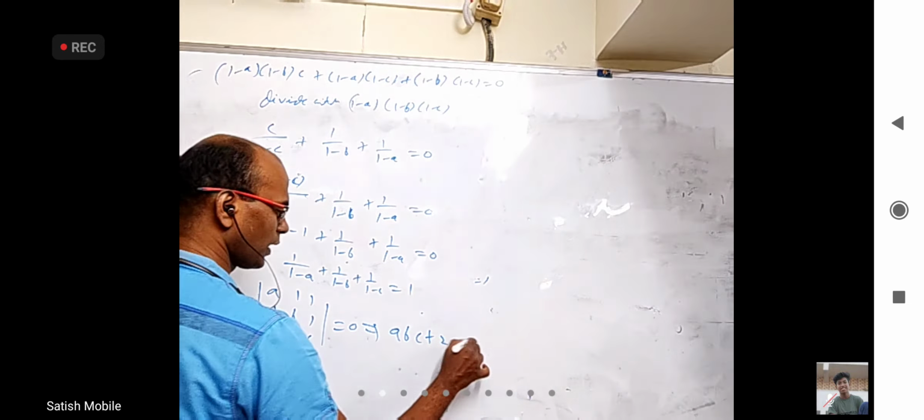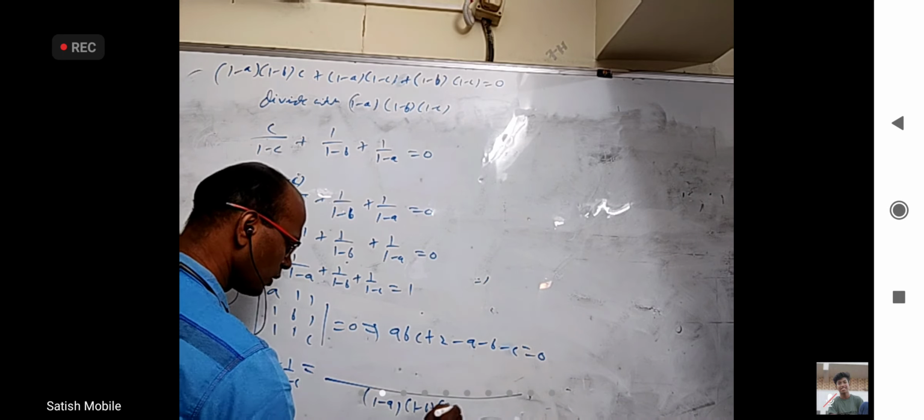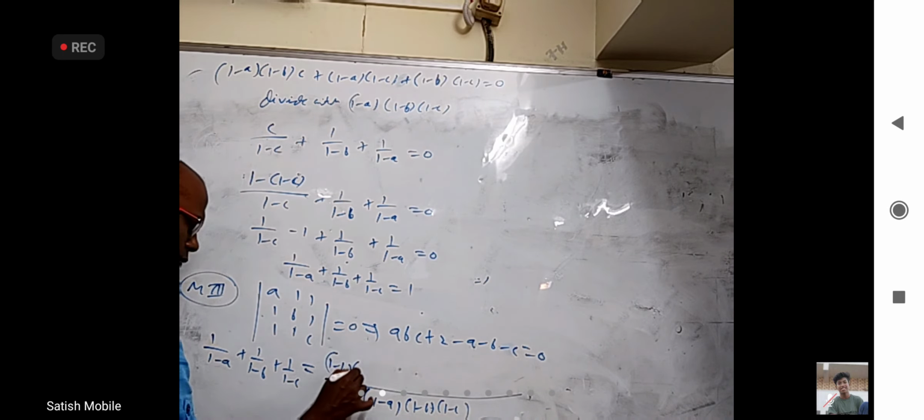Let us start with this: 1 by 1 minus A plus 1 by 1 minus B plus 1 by 1 minus C. Let us simplify. The whole denominator will be 1 minus A into 1 minus B into 1 minus C. Here in the numerator, 1 minus B into 1 minus C, 1 minus C into 1 minus A, and 1 minus A into 1 minus B. Okay.